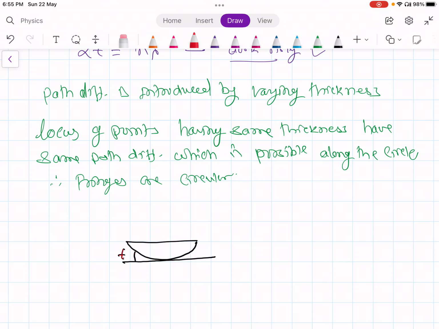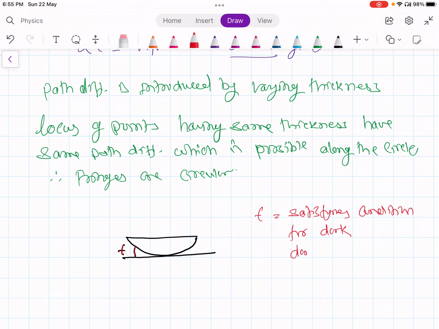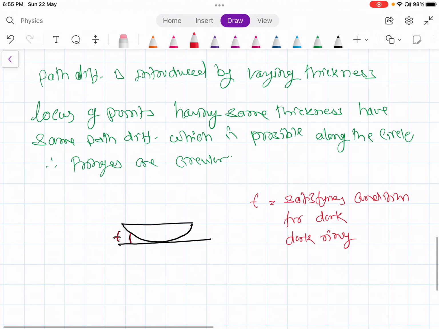Around the circle, the thickness would remain the same. And if that thickness satisfies the condition for dark, then we get dark ring.